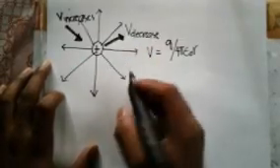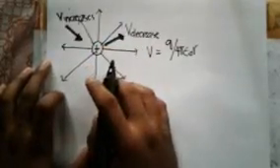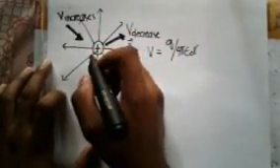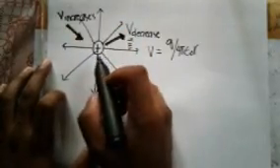Now, if you move away from the charge in the direction of the electric field, you move toward lower values of the potential. If you move toward the charge in the opposite direction of the electric field, then you are moving toward greater values of the potential.